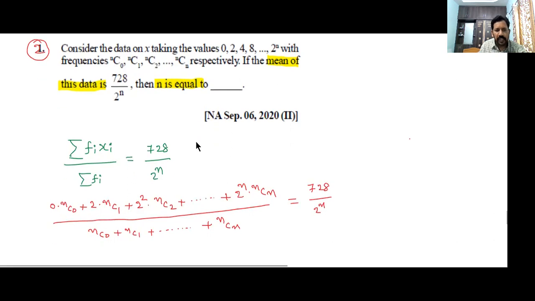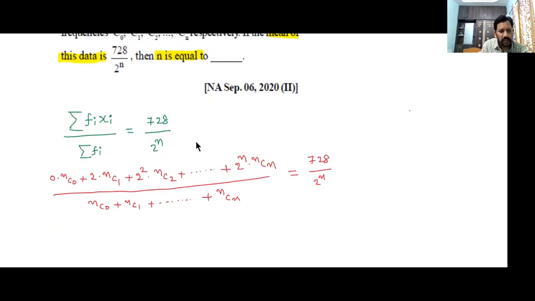But observe the numerator: 0 into nC0 is 0, completed. 2 into nC1, 2 square nC2, the pattern is set. Generally we know the formula for the expansion of (1 plus x) whole power n: nC0 plus nC1 into x plus nC2 into x square plus and so on, up to nCn into x power n.